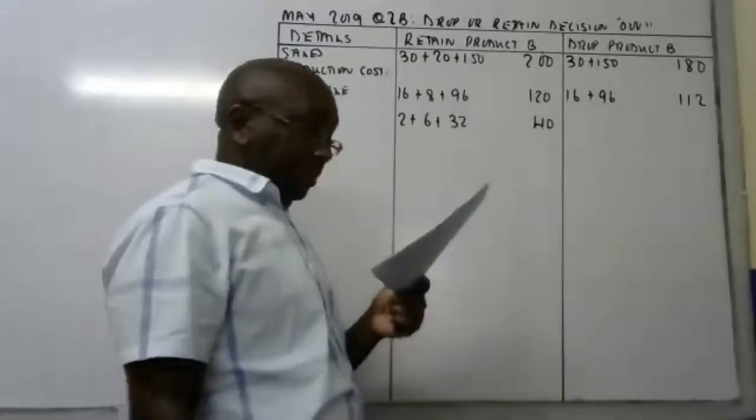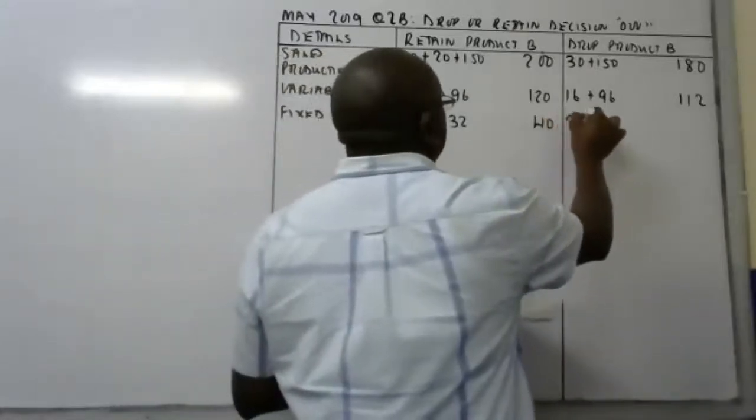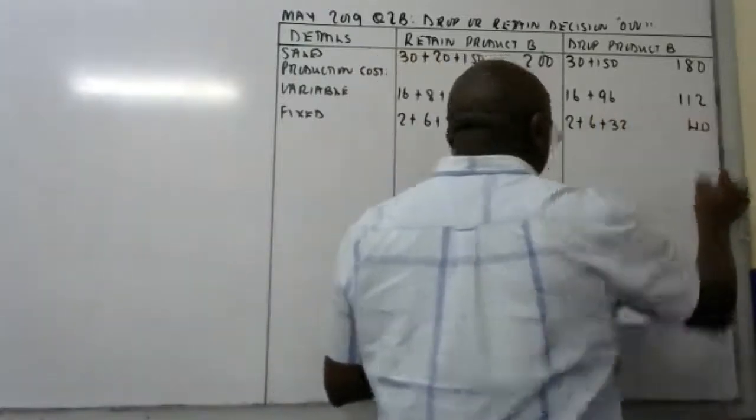But when you drop, the fixed cost will not change. So we will still have 2 plus 6 plus that 2 being 40.